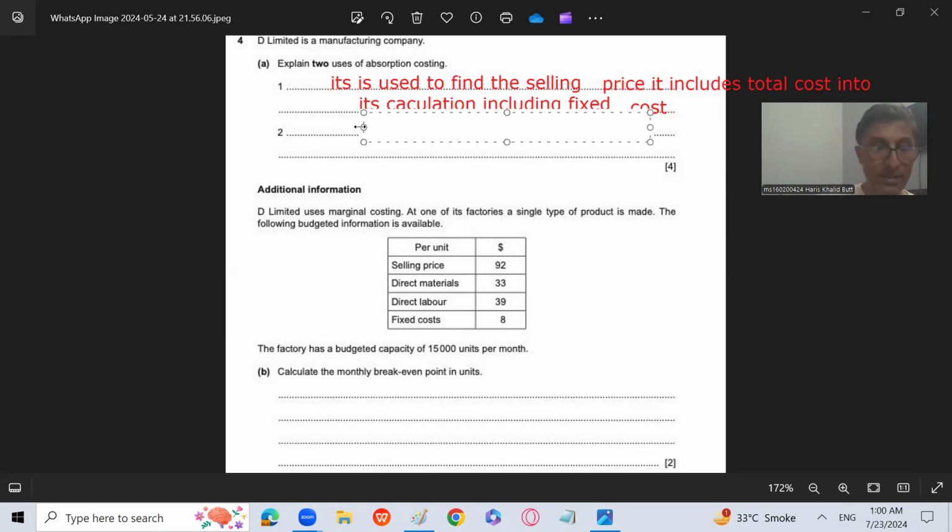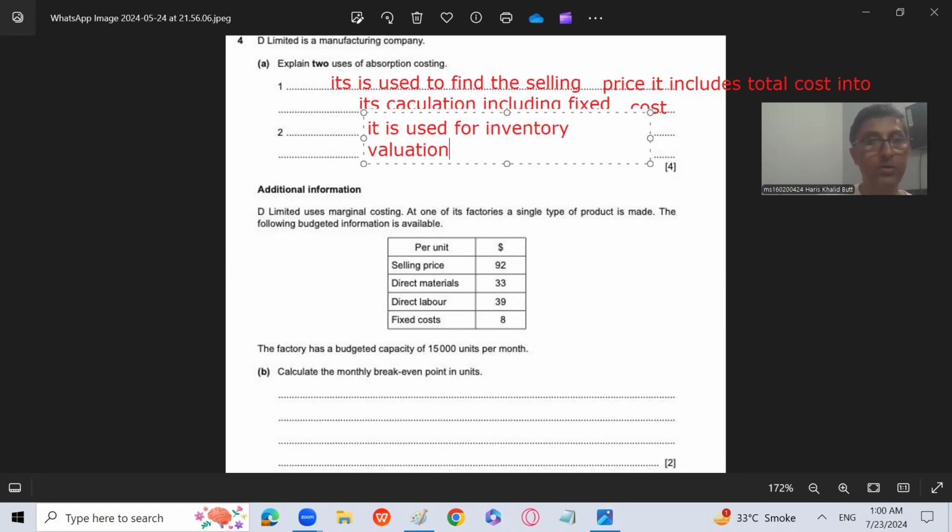Second, it is used for inventory valuation also. It is an acceptable method according to the standard for inventory valuation. As we add fixed production cost in absorption costing to find the per unit cost, it will be multiplied with the closing inventory units to find the inventory valuation.